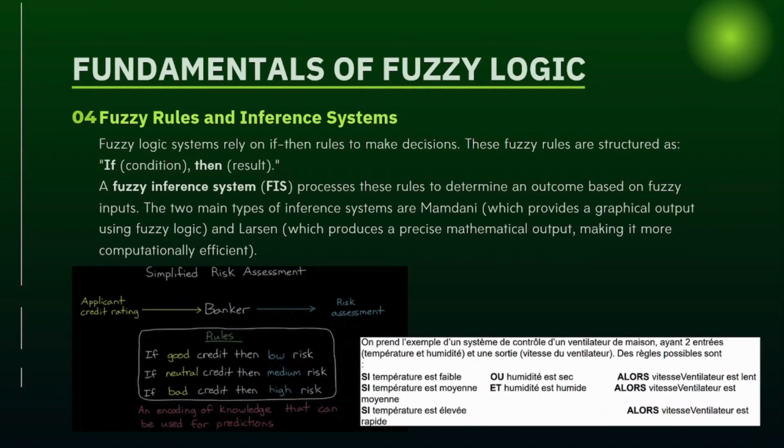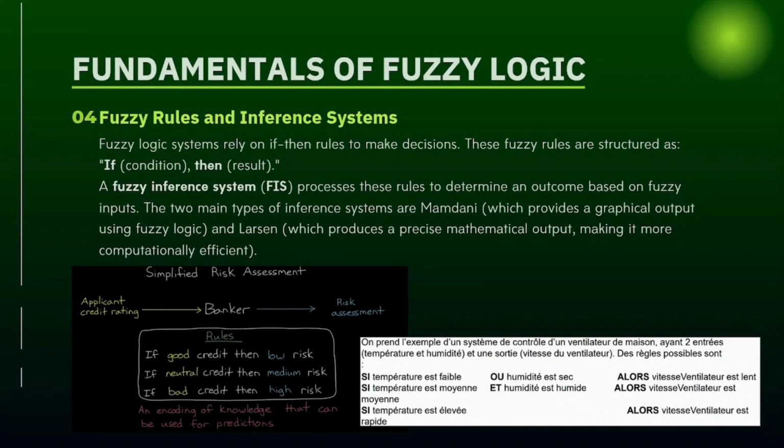We can see other types in other videos, but we're going to stick to the Mamdani and the graphical representation of the fuzzy inference system. This is, for example, a simplified risk assessment, which is the continuation of the example given of the bankers and the credits.